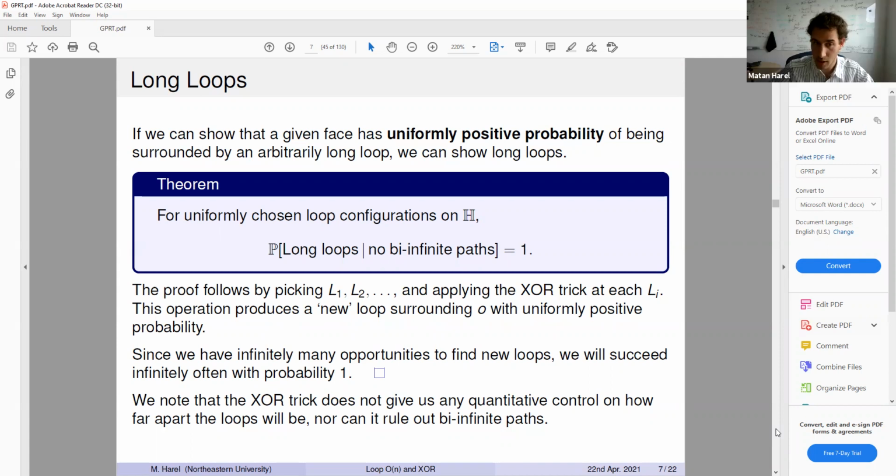So what you can say is that you consider the set that has only a finite number of loops surrounding the origin, and you can show that the cardinality of that set is smaller than 1 over k times the size, for any k. Therefore, it has probability 0 in the limit.